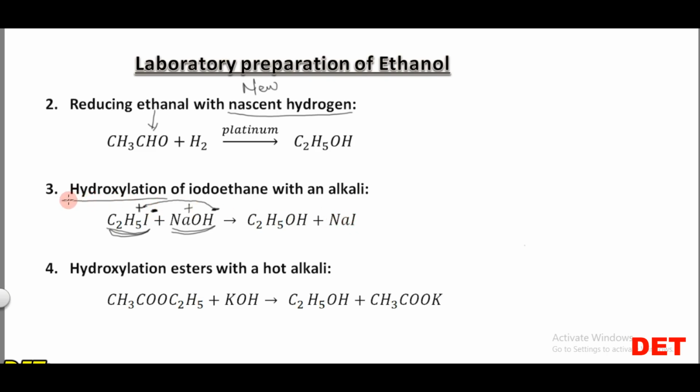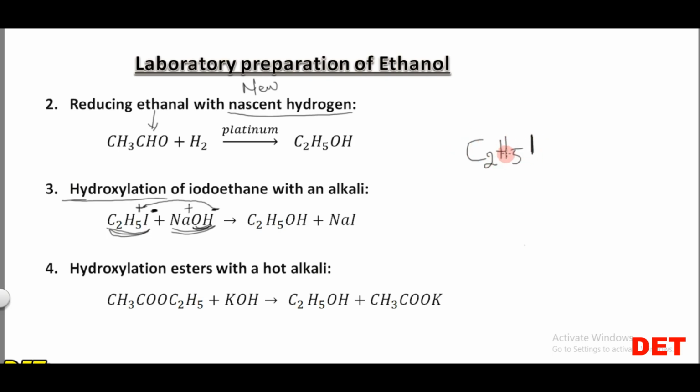Alright, so that's what the hydroxylation of iodoethane with an alkali is all about. So hydroxylation simply means you are adding this OH group to this iodoethane. Alright, so this is one of the ways in which ethanol can be prepared in the laboratory, by hydroxylation of iodoethane with an alkali.